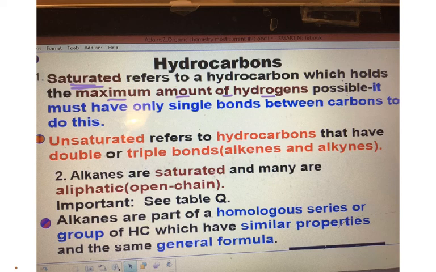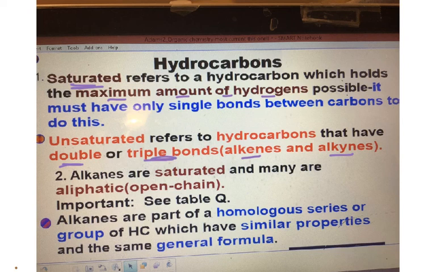So these saturated hydrocarbons will only be alkanes, because that's how you would hold the max number of hydrogens possible in a particular hydrocarbon. Unsaturated hydrocarbons do not hold the max number, and those will be your alkenes or alkynes, which we'll talk about in the future. Alkenes have double bonds, and alkynes have triple bonds between the carbons.